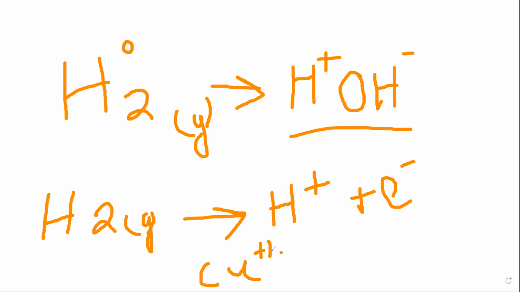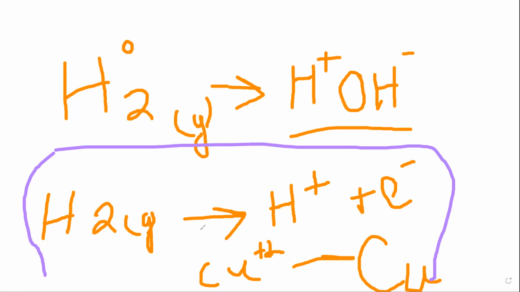So this electron is gained by this copper to form copper atom. So this is how this cycle goes, in which the hydrogen is oxidized and the copper is reduced. So the overall ionic equation is this one that I have mentioned here, in which the change for hydrogen and copper both are shown.